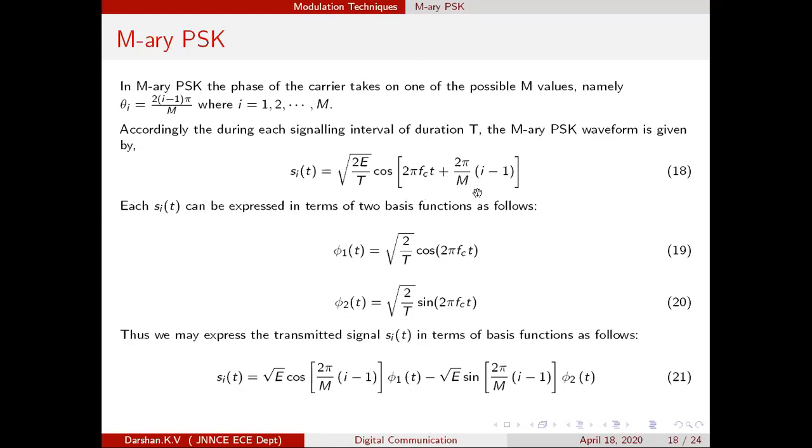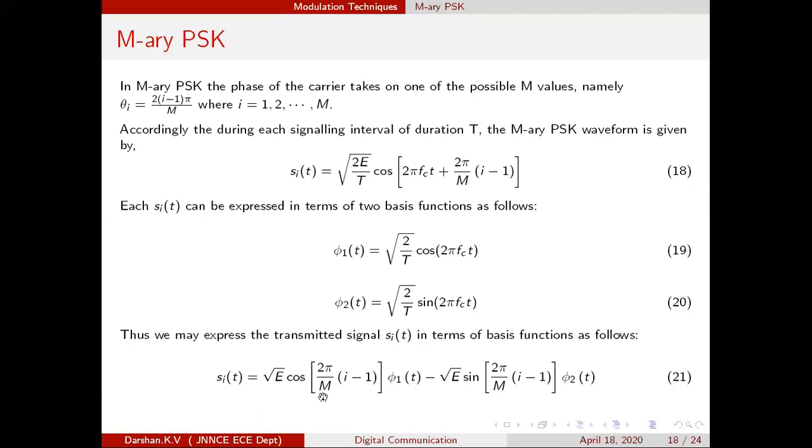Once you expand the equation using the identity and substitute the basis functions, you are going to get the final expression of M-array PSK as per equation 21.